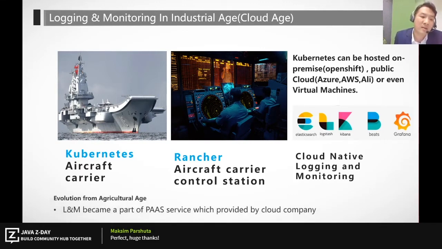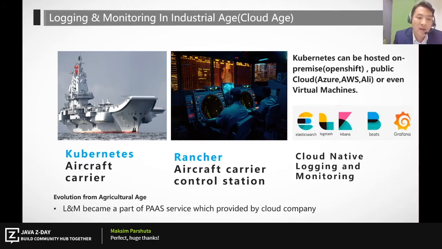Let's see the evolution from the agriculture age. Logging and monitoring become a part of PaaS service provided by lots of cloud companies. You can find Kubernetes on any cloud, and you can find Elasticsearch in lots of cloud markets.